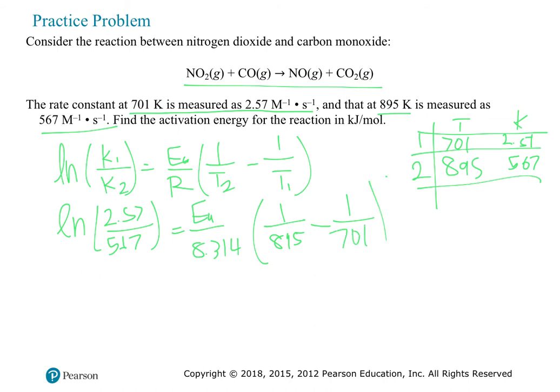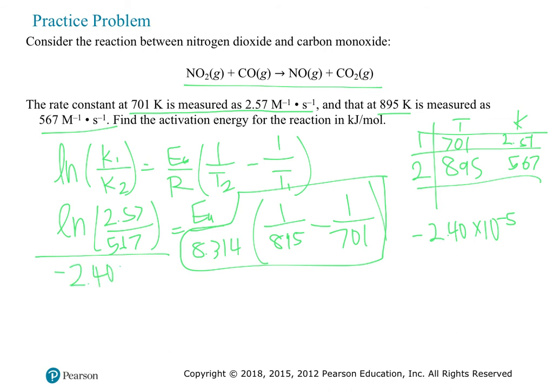So we want to take this whole thing. The number I got was negative 2.40 times 10 to the negative fifth, and we're going to divide that over here. So divide by 2.40 times 10 to the negative fifth, and we'll do our natural log of 2.57 divided by 567.